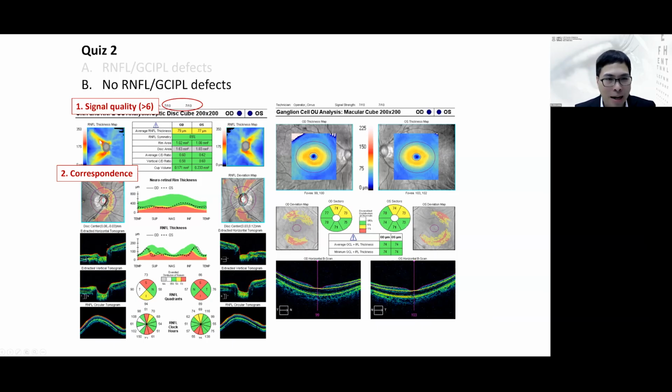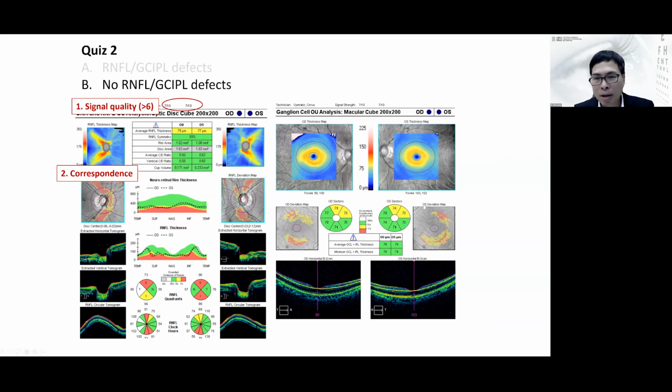Given that we see a pretty good, thick retinal nerve fiber layer in the thickness maps, here we have pretty red signals. Red means thick. We have thick retinal nerve fiber layer on the supratemporal and infratemporal sides for both the right and left. So these abnormalities that show up in the deviation maps are likely to be false positives.